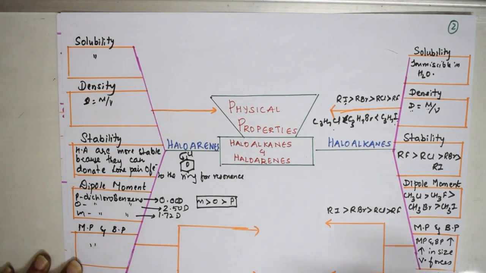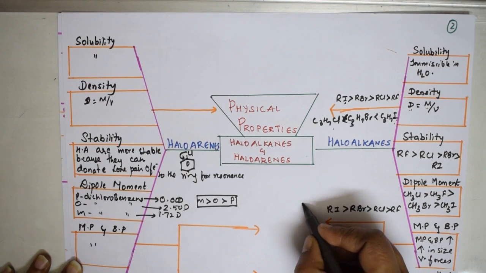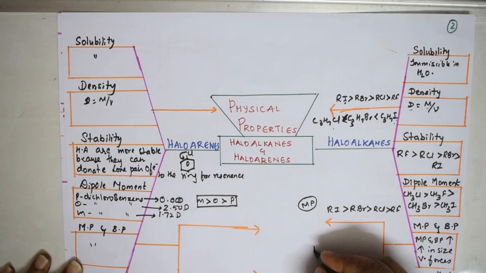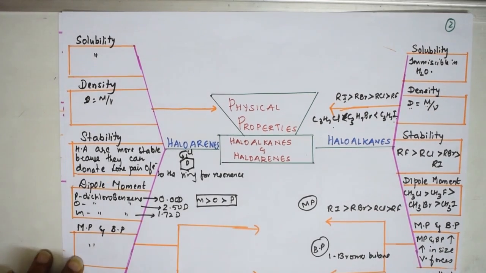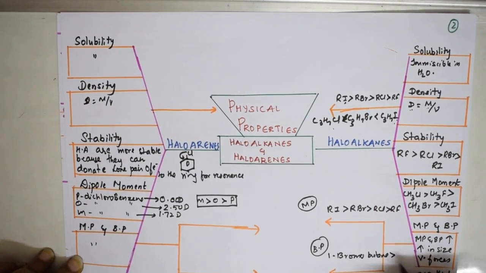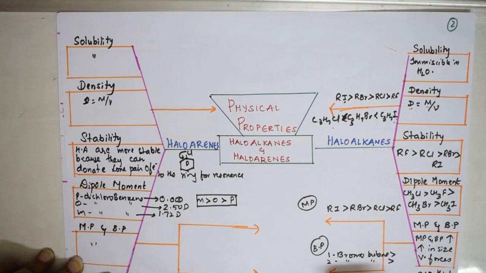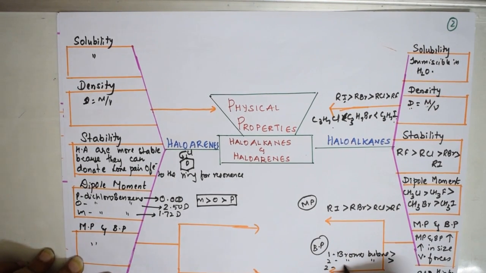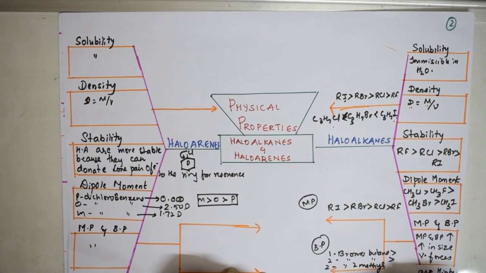In the second example, suppose I take this example, in terms of boiling point. I'm talking about isomeric alkyl halides. 1 bromobutane is greater in boiling point than 2 bromobutane, which is greater than 2 bromo 2 methyl propane.